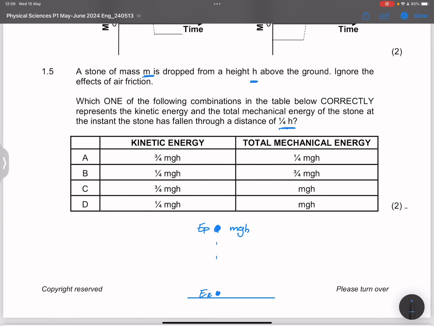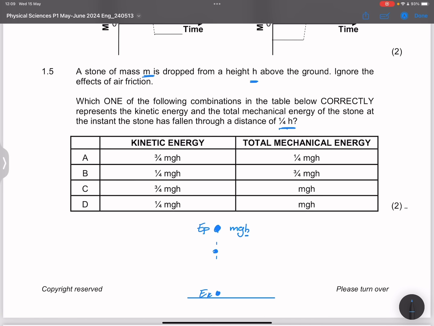What would be the kinetic energy at that point? Our initial potential energy is still mgh, but now it falls a quarter of the height.